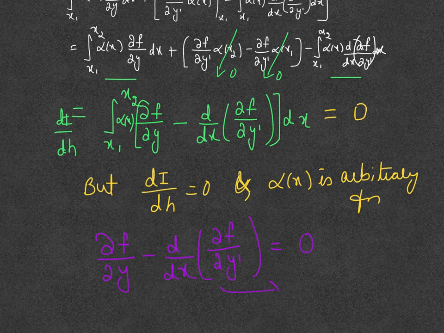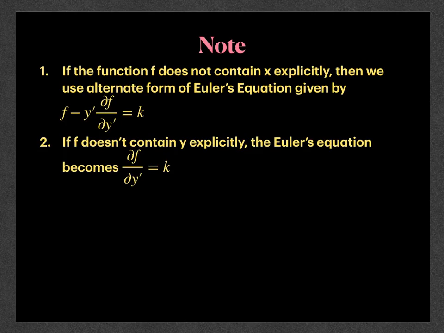So this is our result, Euler's equation. This is the necessary condition for making the functional an extremum. We also note the alternate forms of Euler's equation, which are important to solve problems.